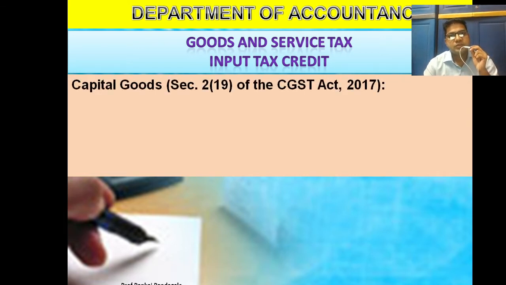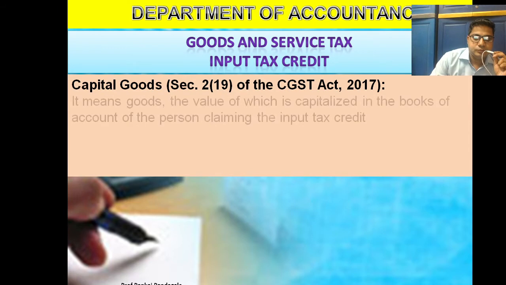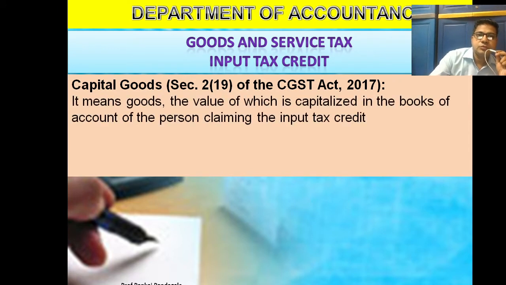Section 2 subsection 19. What do you mean by capital goods? Goods the value of which is capitalized in the books of accounts of the person, and on which they can claim the input tax credit.